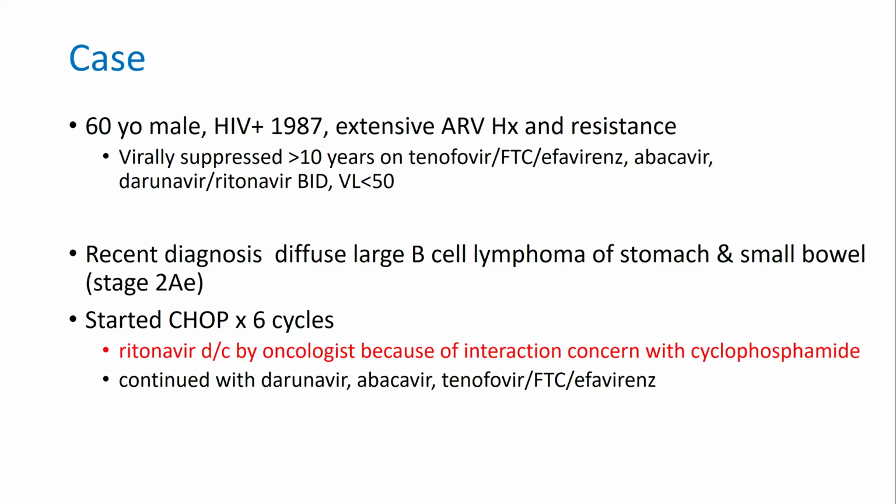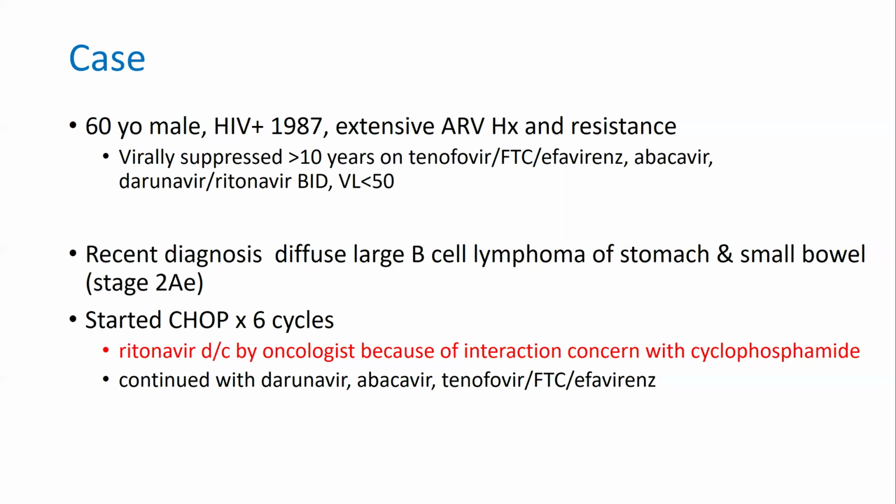Now, let's use a case to illustrate an example. This is a 60-year-old gentleman, HIV positive for over 30 years with an extensive antiretroviral history and lots of resistance, virally suppressed for over 10 years on a combination including some nucleosides, efavirenz, and twice-daily darunavir-ritonavir.